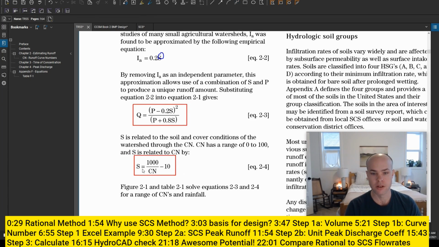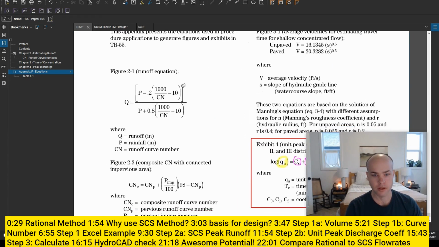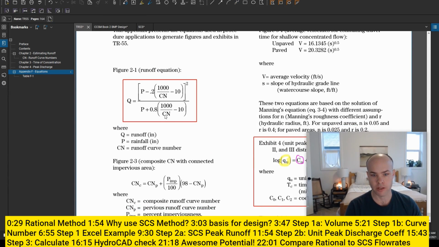These two formulas are essentially added together, and we end up with this magic formula right here, with precipitation, which is the size of our storm event, and curve number. Those two values, we can determine what that runoff is. So this formula is a little bit convoluted to look at, but this is how this method works.